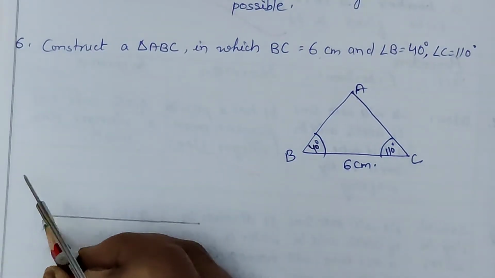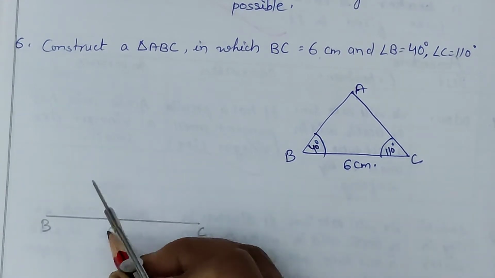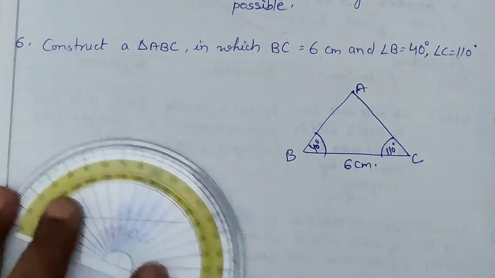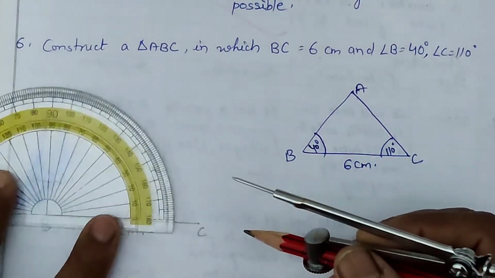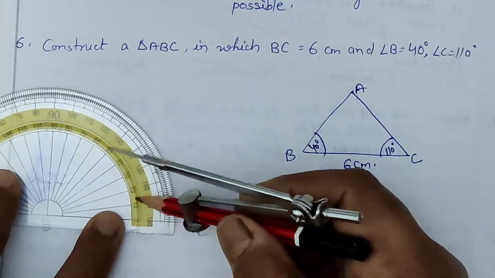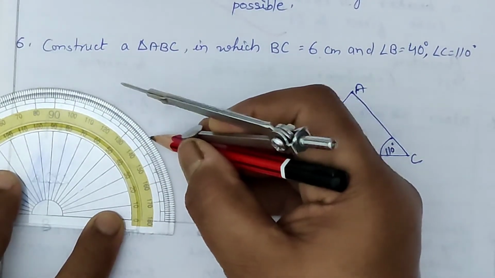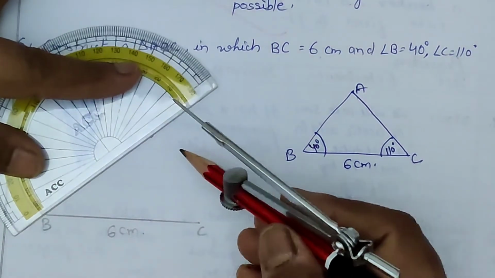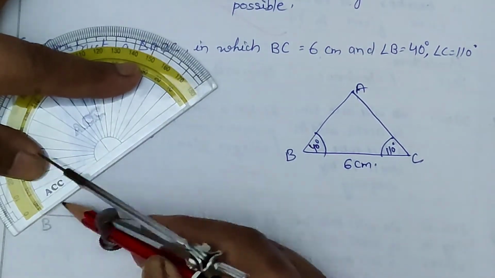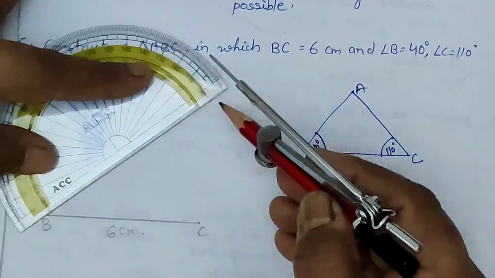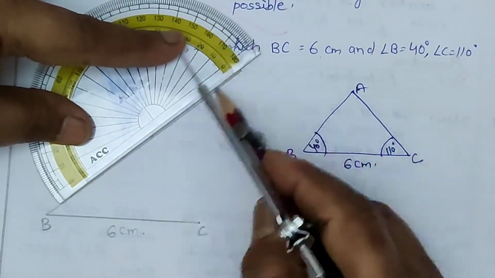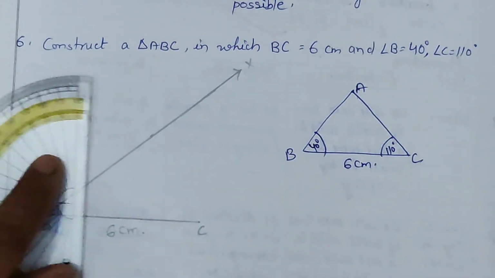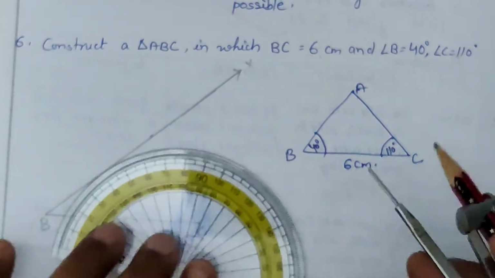Now the construction of this. BC equal to 6 centimeters. This is the BC. Angle B 40 degrees. Construct an angle of 40 degrees: 10, 20, 30 and 40. This is the 40 degree angle. This is a ray BX. And angle C 110.